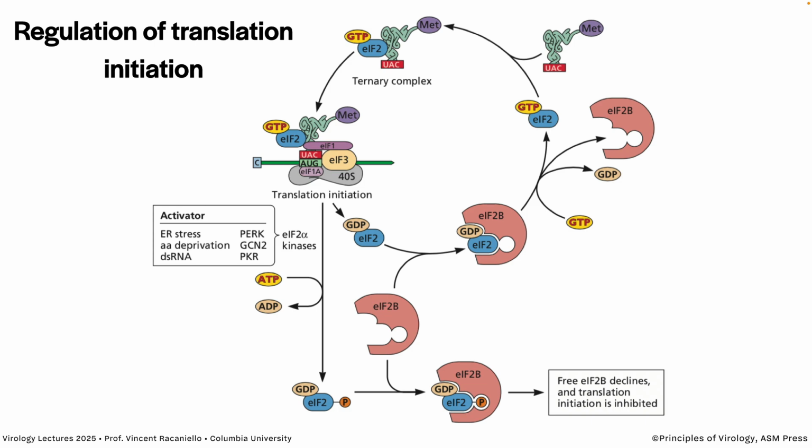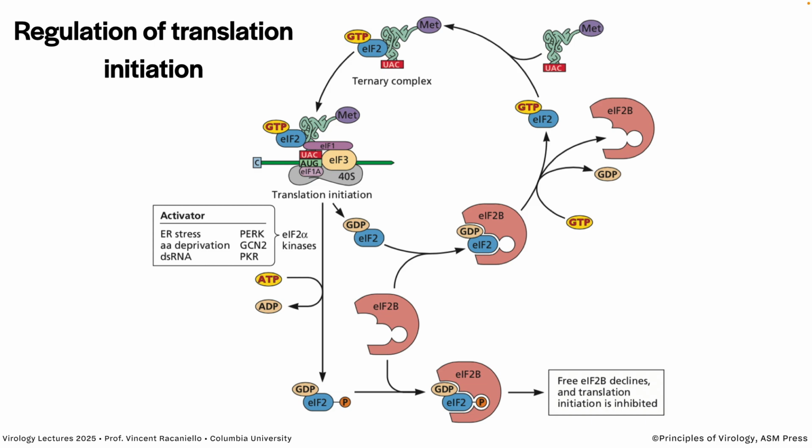This needs to be made back to GTP, okay, because you cannot have a new ternary complex come on the next mRNA unless you have GTP-EIF2 bound to it. And EIF2 is limiting in the cell, so this GDP has to be recycled for GTP. And that's done by a protein called EIF2B.